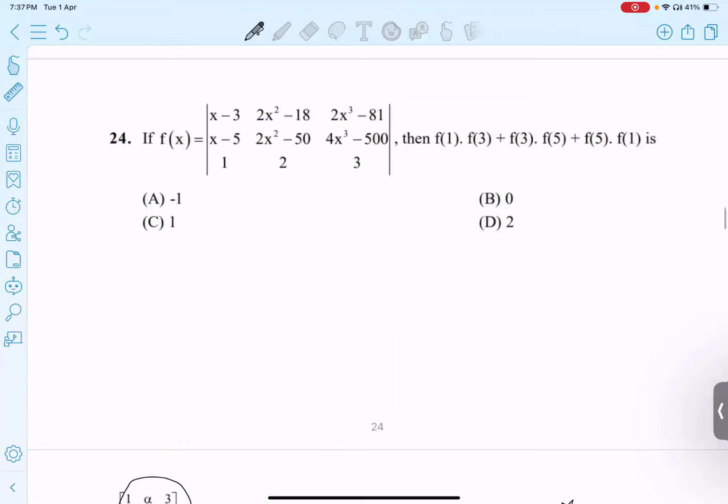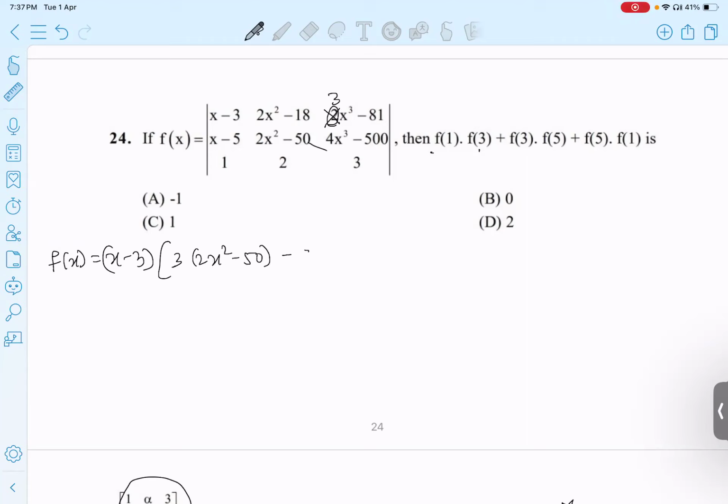F of x equal to, they have given f of 1, f of 3, f of 5 and all. To find the value, we should know what this f of x is first. This was awarded as grace marks because there was a mistake in the question. This was supposed to be 3x square, not 2x square. Expanding this determinant gives us x minus 3 into 3 into 2x square minus 50.